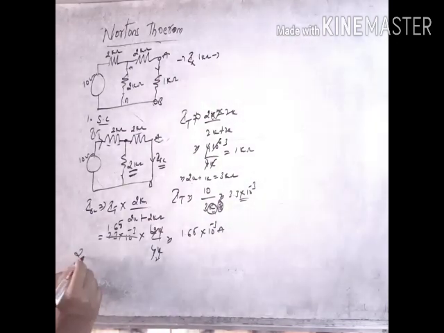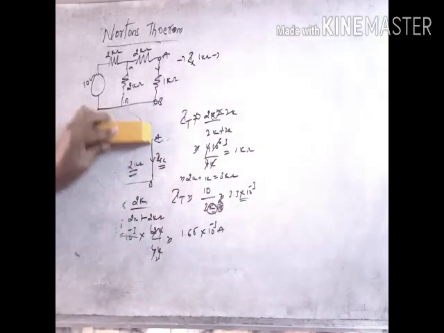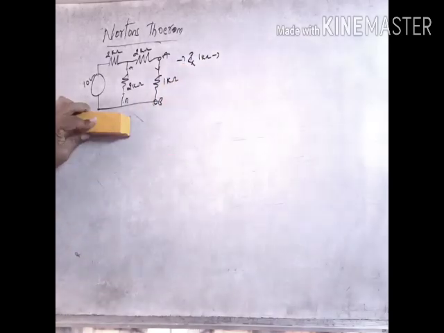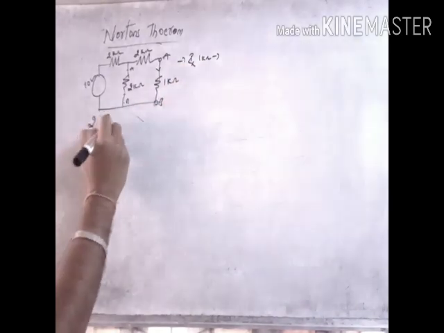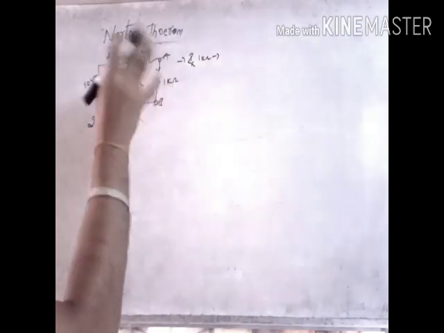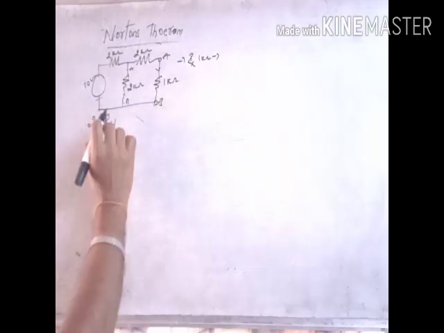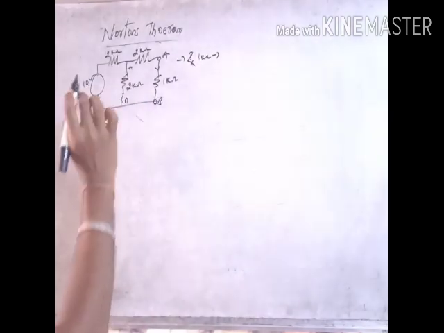The second step is to find the Norton equivalent resistance. To find the Norton equivalent resistance, short circuit the voltage sources and open circuit any current sources. Here no current source is given, so just short circuit this voltage source.